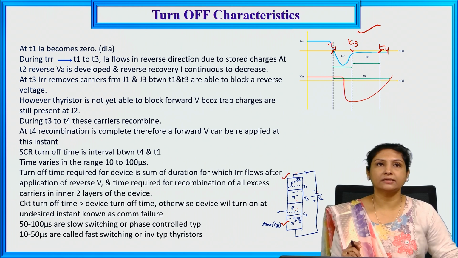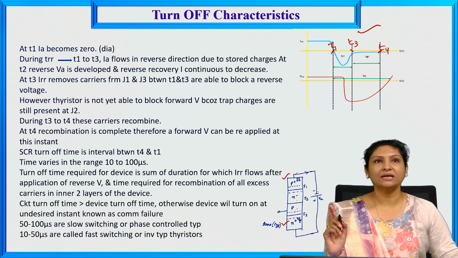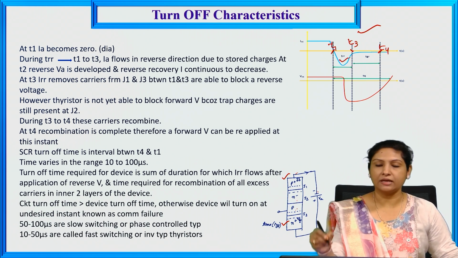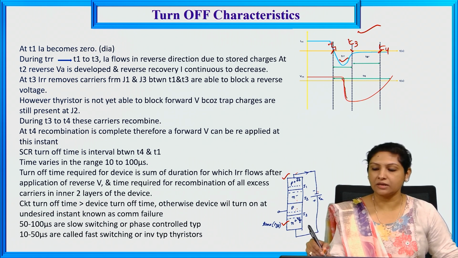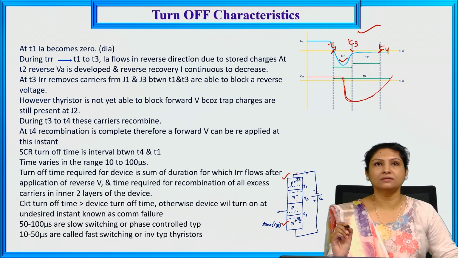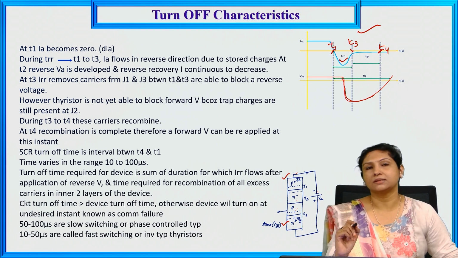So here at instant T1, anode current becomes 0. During TRR, from T1 to T3, anode current flows in the reverse direction due to stored charge carriers. At T2, reverse voltage is developed and reverse current continues to decrease.